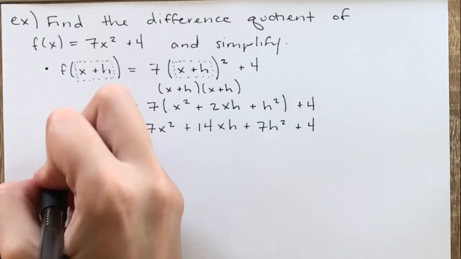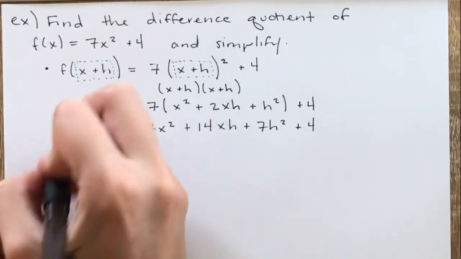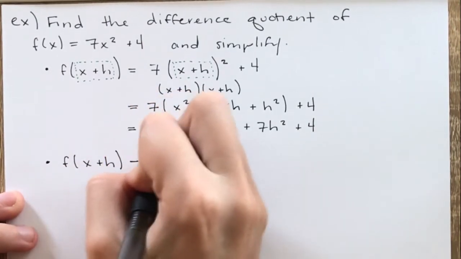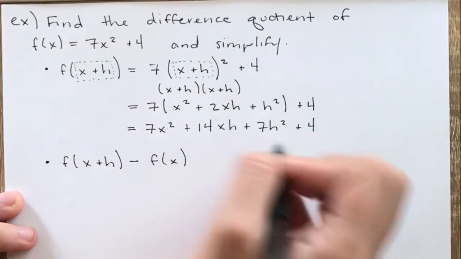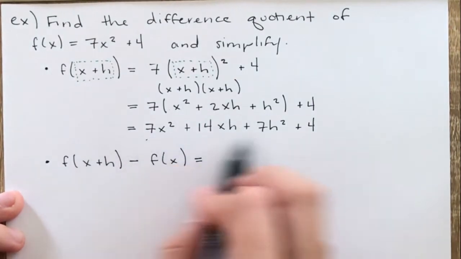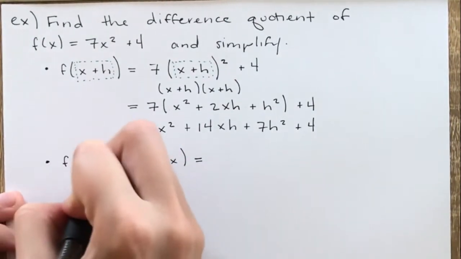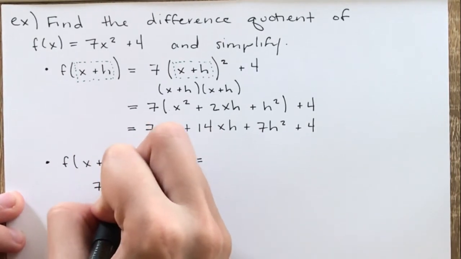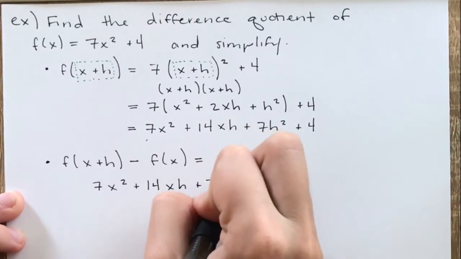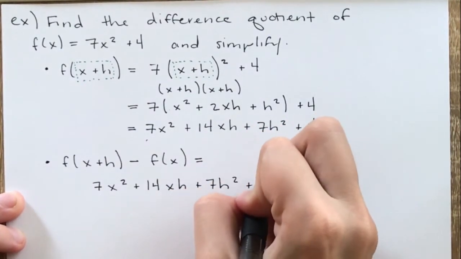Okay, so my next step was to find f of x plus h and subtract f of x. That means I need to take this. f of x plus h is all of this. So we had 7x squared plus 14xh plus 7h squared plus 4.